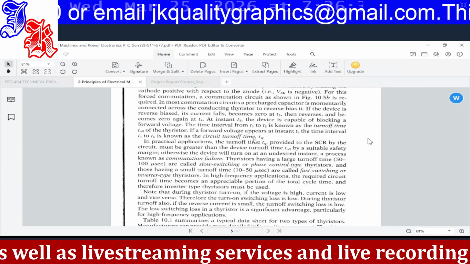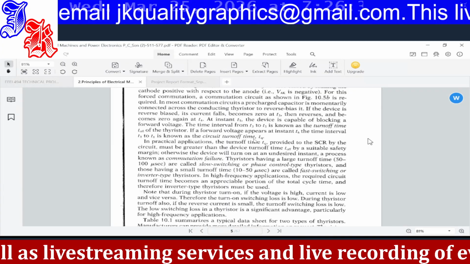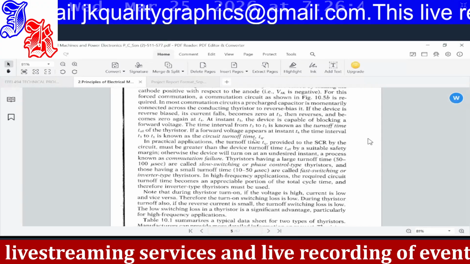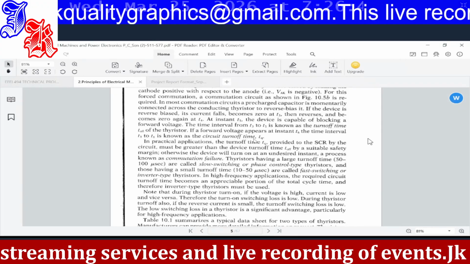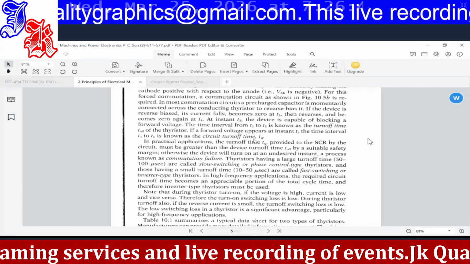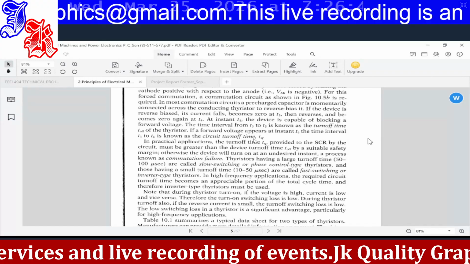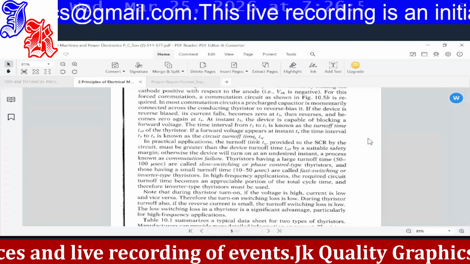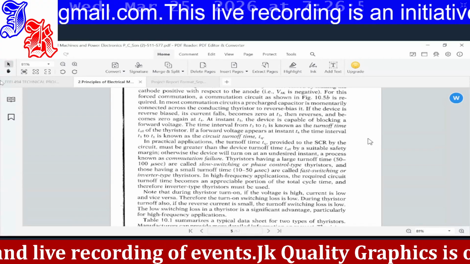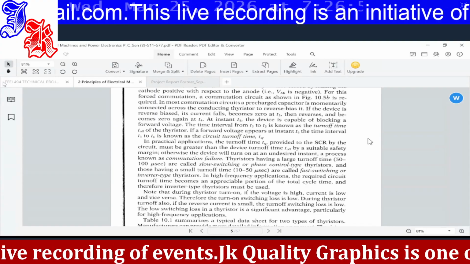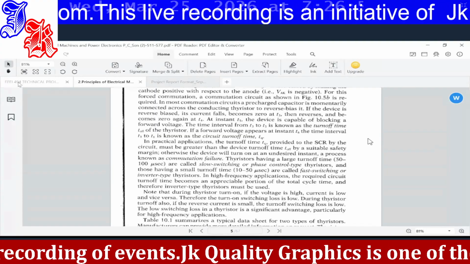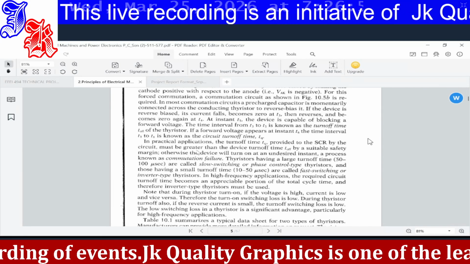So in practical application, the circuit turn-off time TQ provided by the circuit for the thyristor or silicon controlled rectifier must be greater than the device turn-off time T off, that is between T3 and T5, sorry, where it has gained full blocking capability.